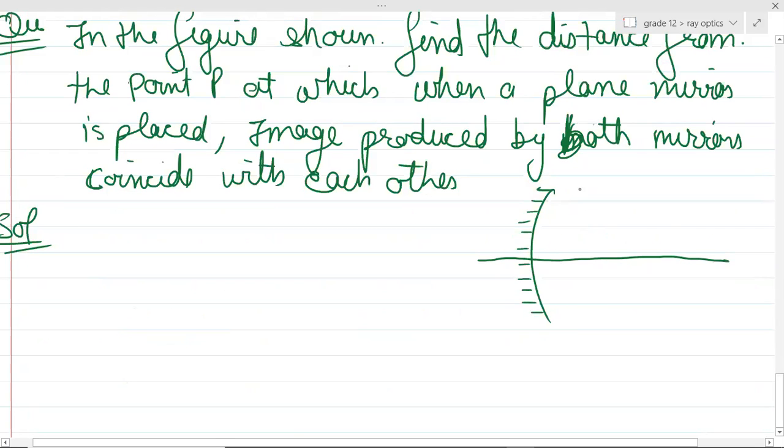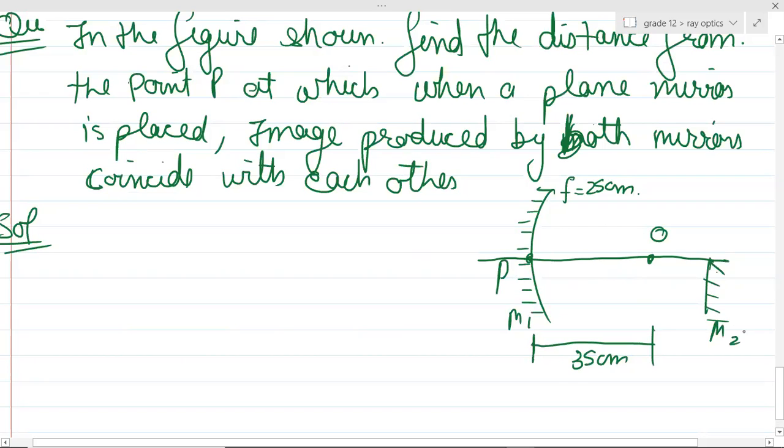This is the concave mirror of focal length 25 centimeter, and the object is placed at a distance of 35 centimeter from the pole, the point P. Now you need to place another mirror M2 in such a way that the image due to M1 and the image due to M2 coincide.